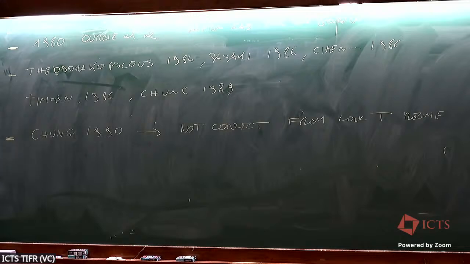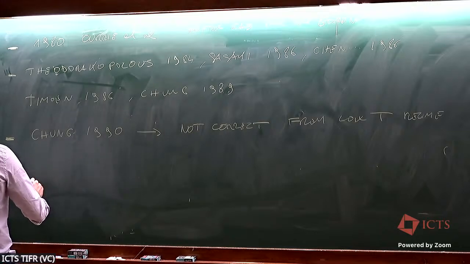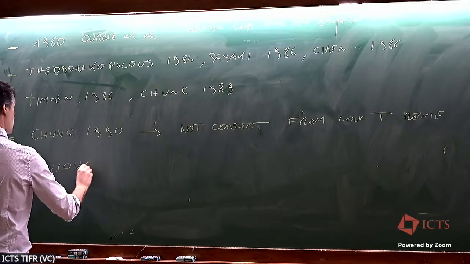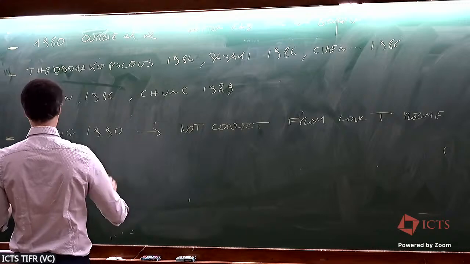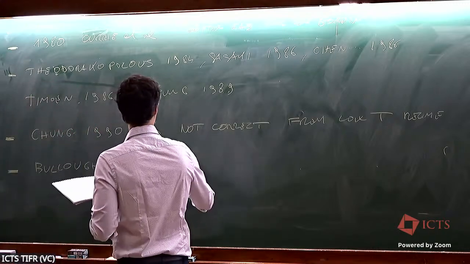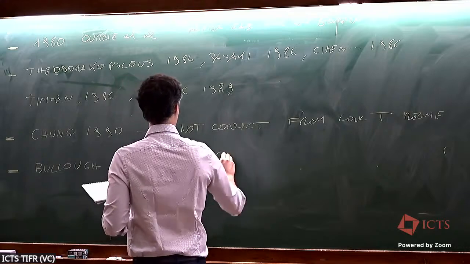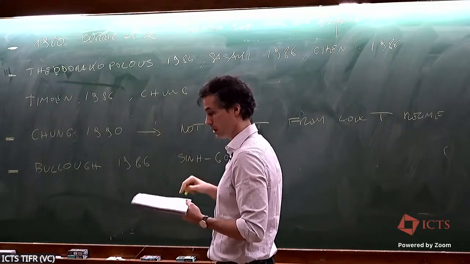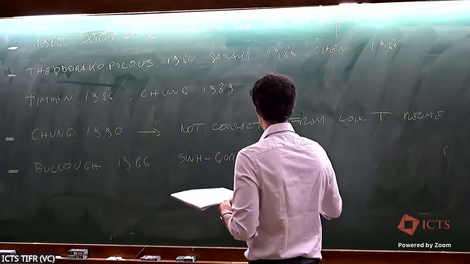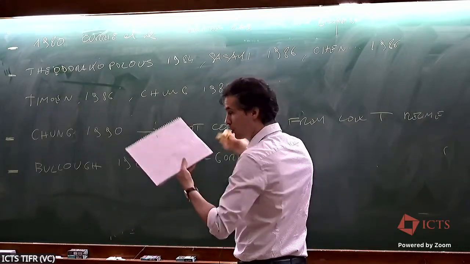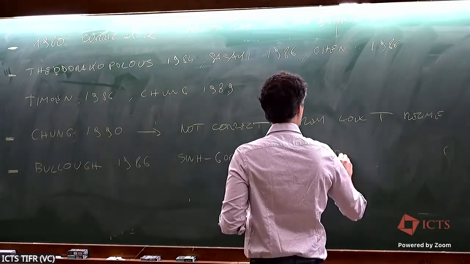Plus, there's a nice paper by Bullough and others from 1986, where they look at sinh-Gordon, that is, instead of the cosine, you have the hyperbolic cosine, where you don't have solitons, you just have radiation, but still you can have all these normal modes and so on, and then it works.